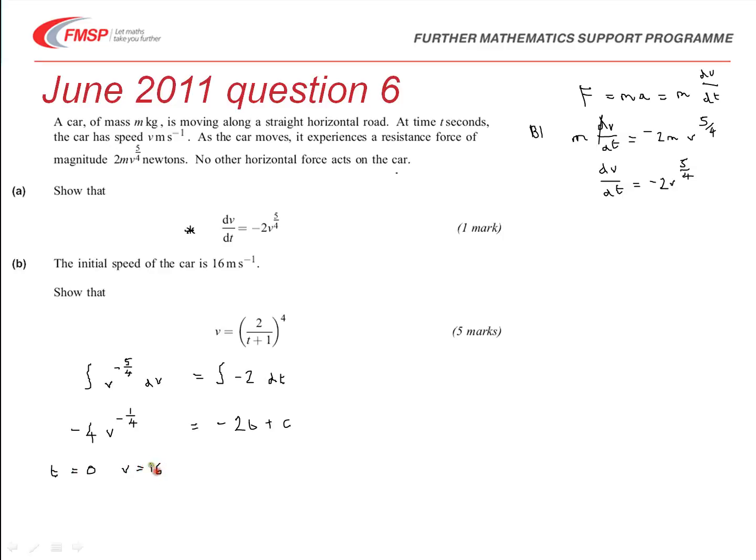So if we substitute in, we're going to get minus 4 times v to the power, v equals 16, so 16 to the power of a quarter is 2, it's the fourth root, because 16 is 2 to the power of 4, but it's a negative, so that makes that a half, and that will equal c. So our value of c must be negative 2.